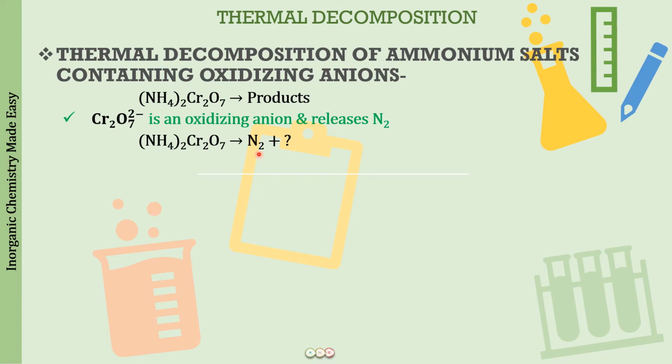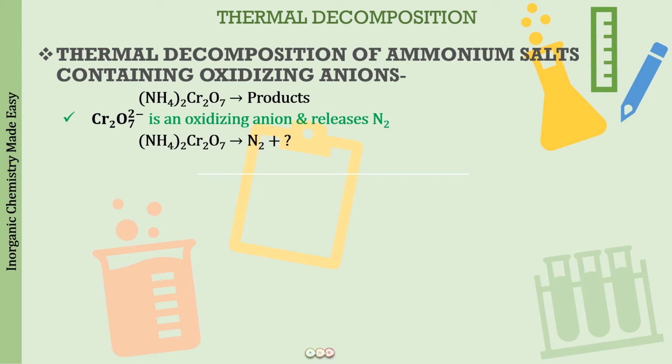So, if you see N2, this means from ammonium dichromate, we had 2 nitrogen atoms, which we have taken out. From the remaining, you have to see how many hydrogens are present. So, this is going to be H4 into 2, that means 8 hydrogen atoms. 8 hydrogen atoms can give us how many water molecules? Well, it is going to be 8 divided by 2.